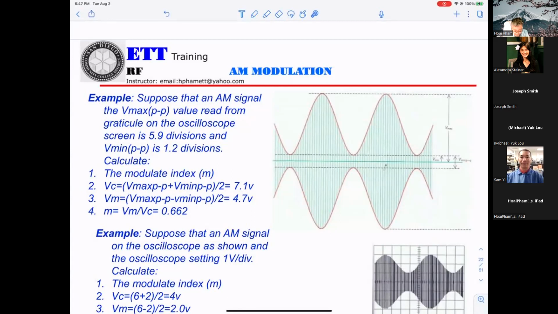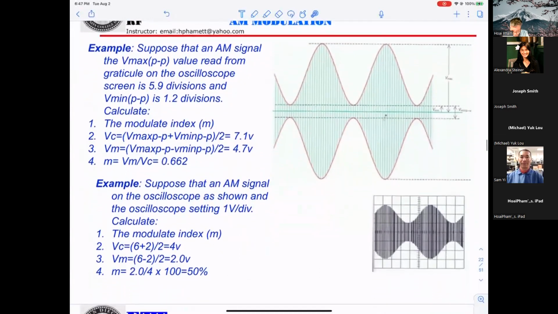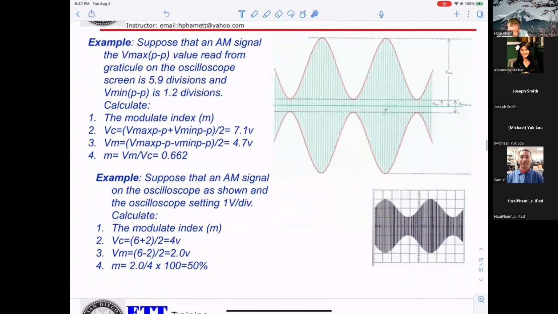And VC means V maximum peak to peak plus V minimum peak to peak, divided by 2. You can see on that one, maybe it's easier to see on the second one here. Try to understand that one.